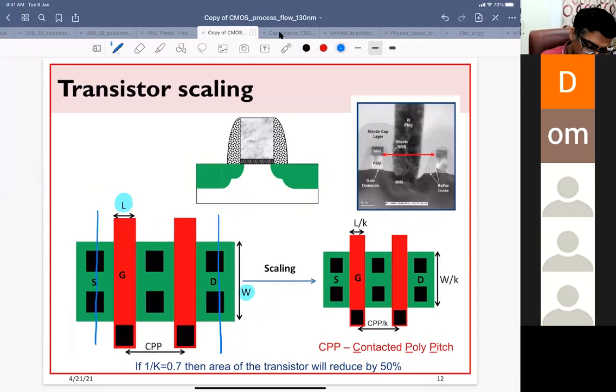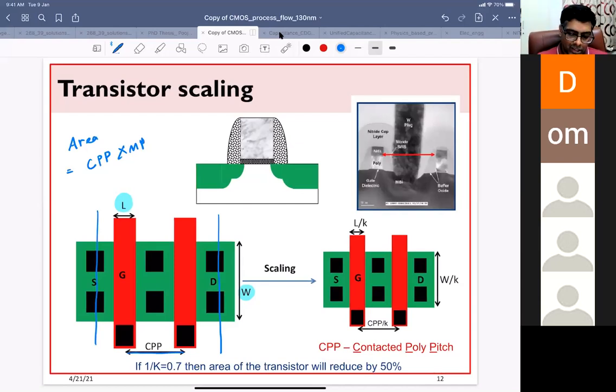The area of a transistor is nothing but the contacted poly pitch into the metal pitch. Why gate pitch into metal pitch? Pitch is the distance between two consecutive gates. So this is your contacted poly pitch, the distance between two consecutive gates.